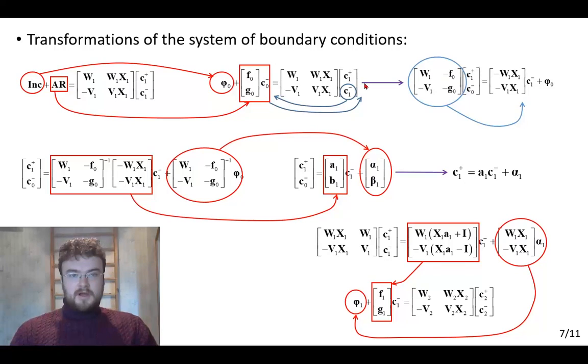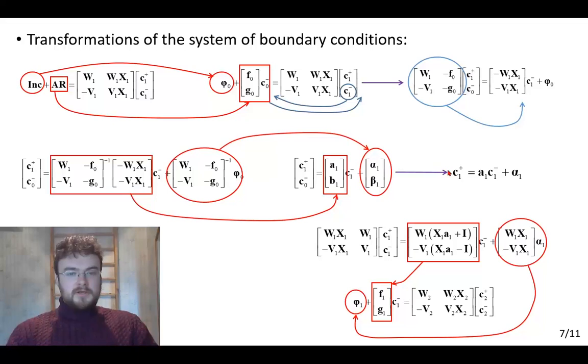And according to the rules of linear algebra, we get the following equation. Multiply both sides of this equation by the inverse of the matrix near C's column. We get this. Rename again.